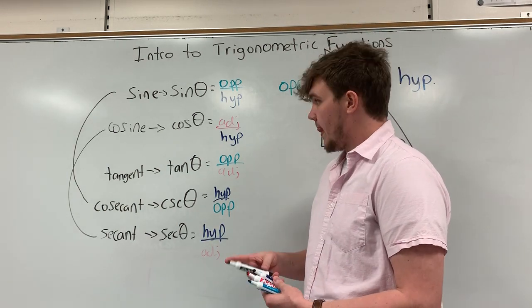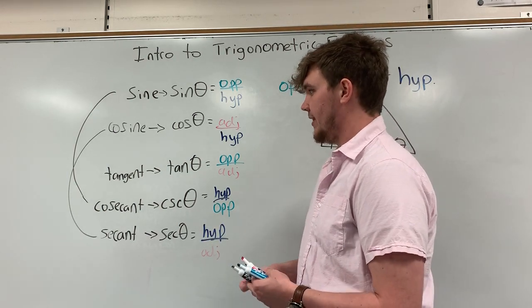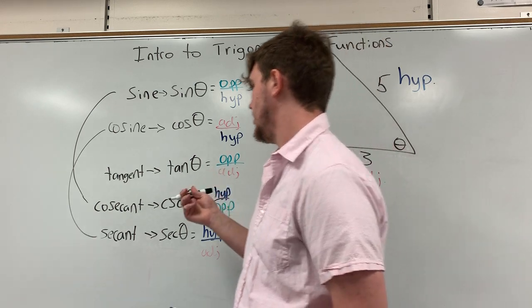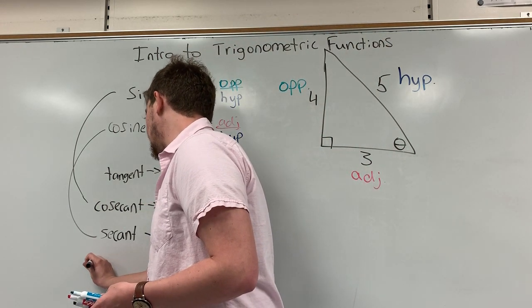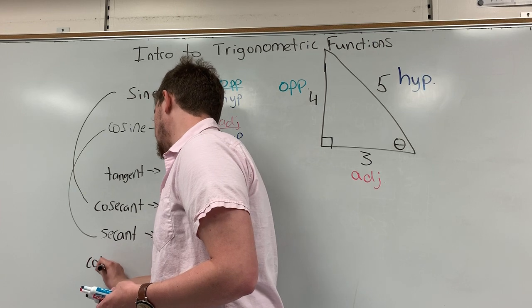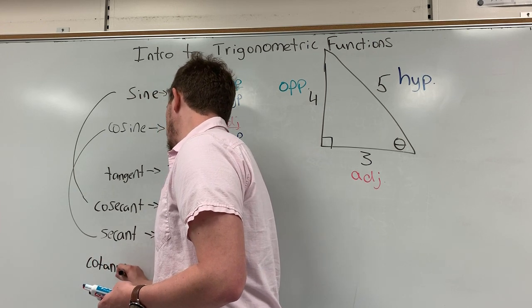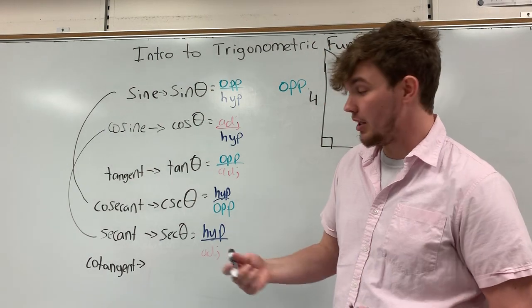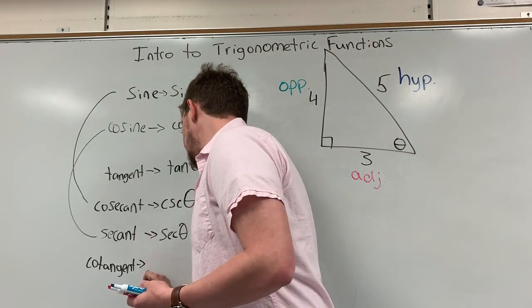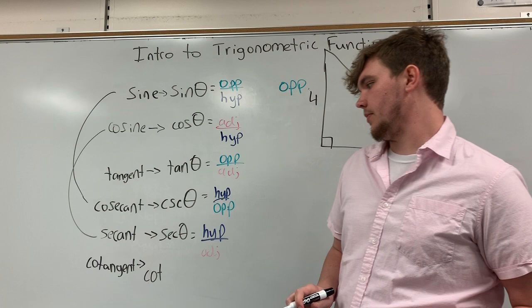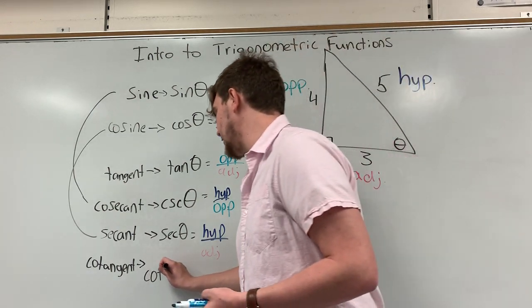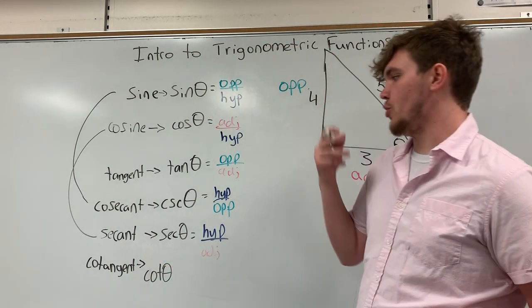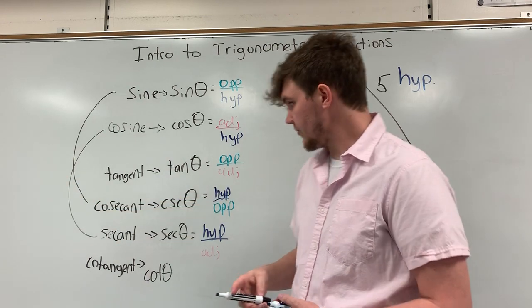Next, I have the cotangent. That's the very last one. Cotangent is always abbreviated as COT, of angle theta, cotangent of theta.